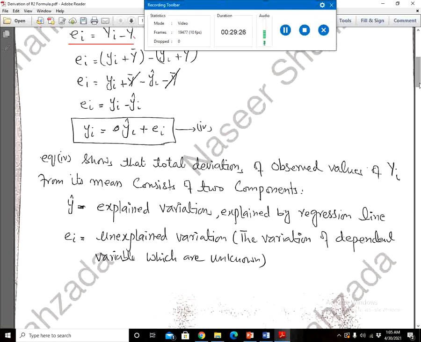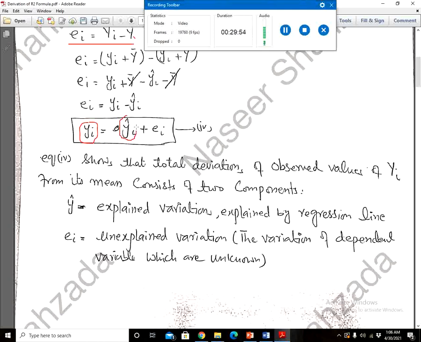That is the basic equation which shows the relationship between the total variation and the explained and the unexplained variation. This yi is the total variation in the dependent variable, and this total variation in the dependent variable has two components.